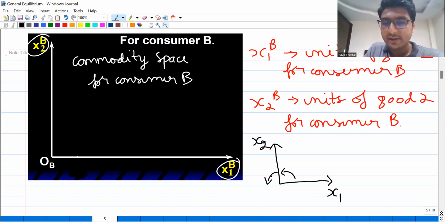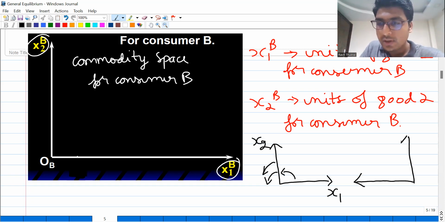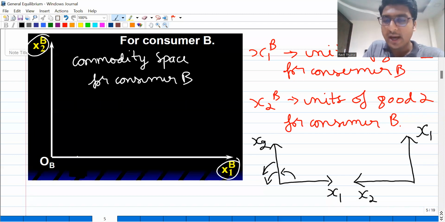Then x2 नीचे आ जाएगा. ठीक है, ये नीचे आ गया, and x1 will become vertical. So now here is x1 and here is x2. I have rotated it 90 degrees one time.